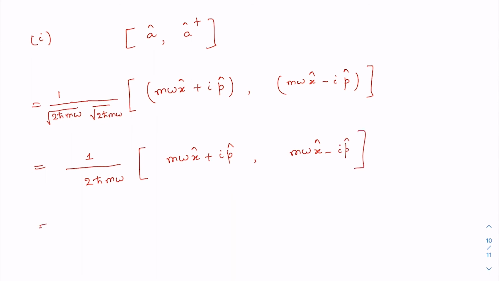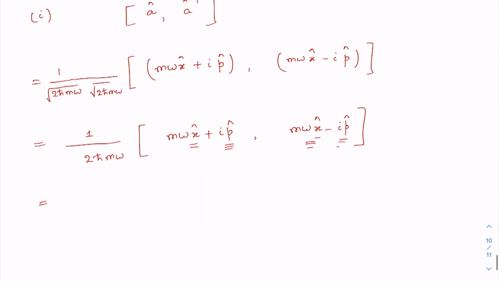Now if I take the commutation, I know that x cap and x cap commute. I have to just bother about the cross terms only. So therefore what I will have here is 1 by twice h cross m omega. Let me write it this way.